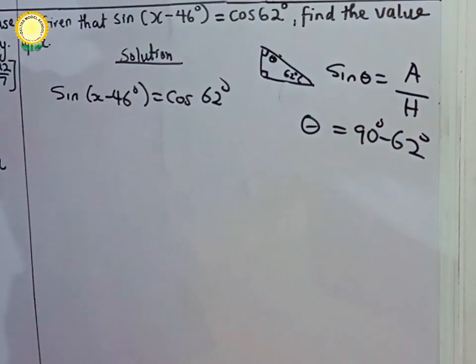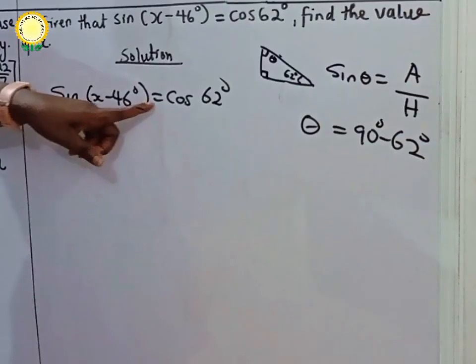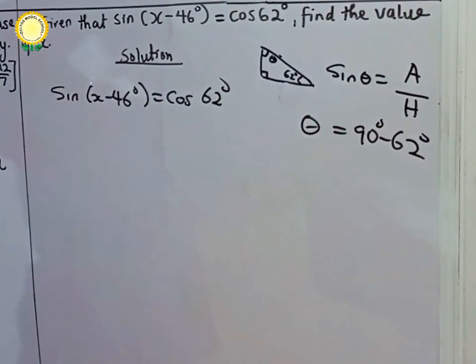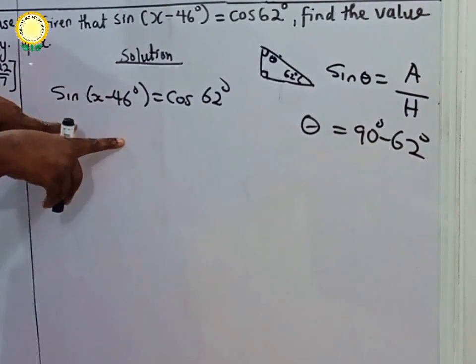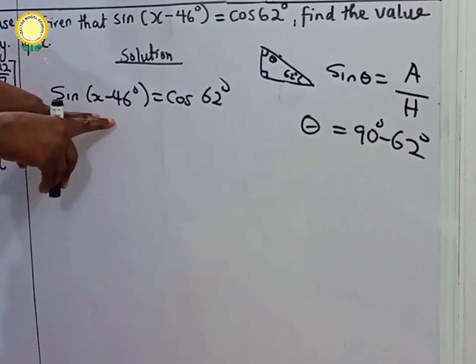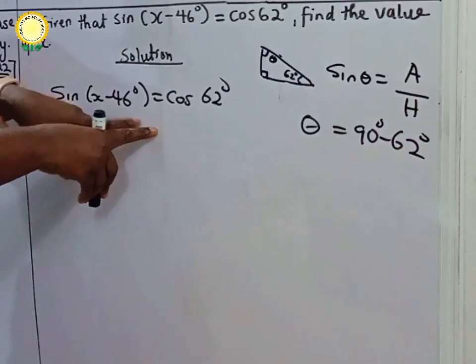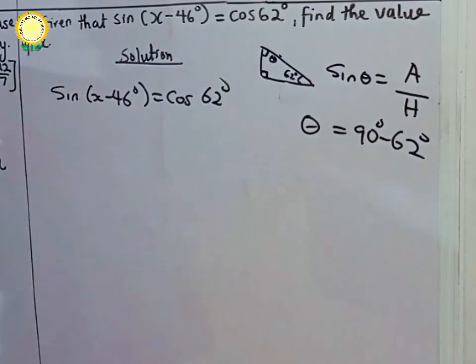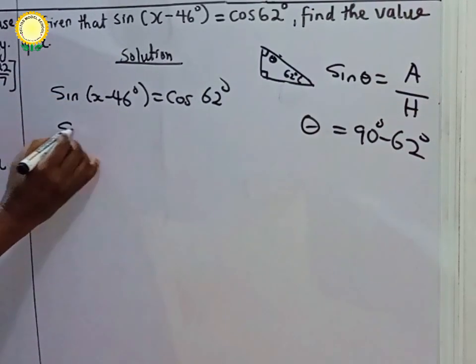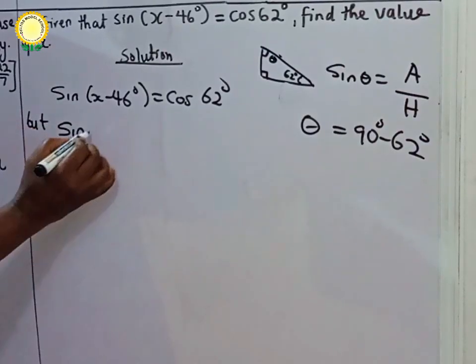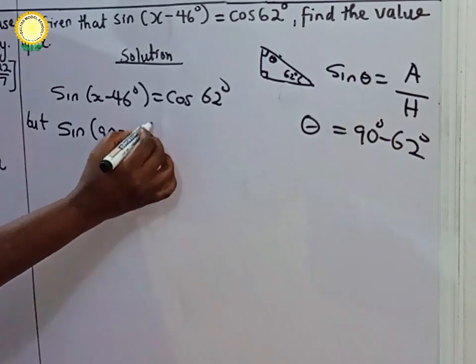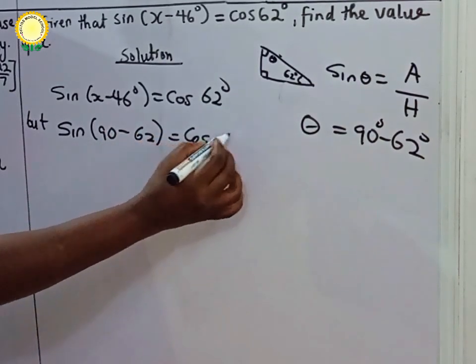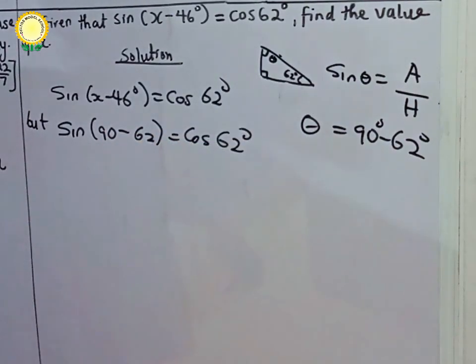So if theta is 90 minus 62, that means sine theta is equal to what? Cos 62. So sine theta here is actually sine of 90 minus 62. Did we get that? So sine of 90 minus 62 equals cos 62. That's the argument.